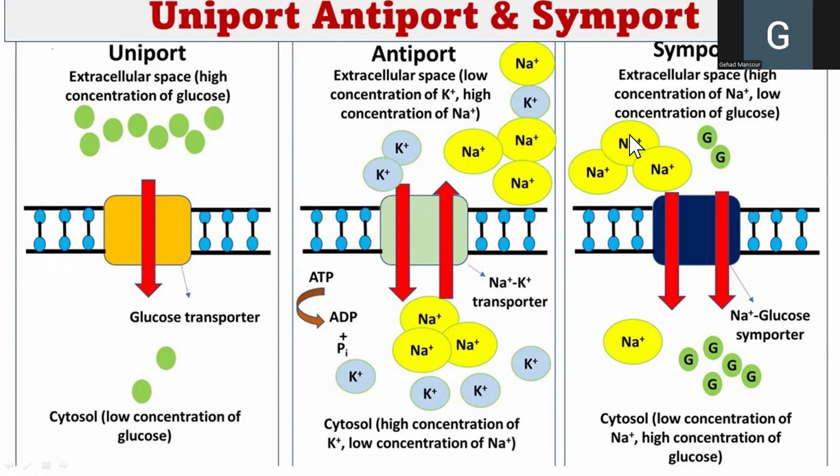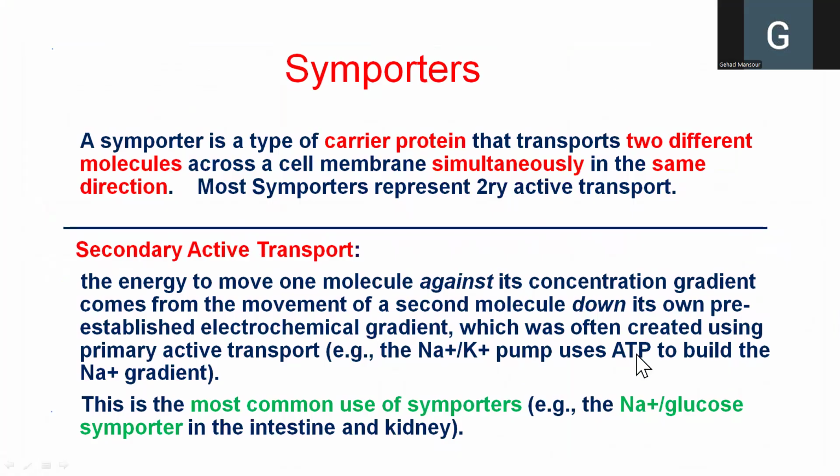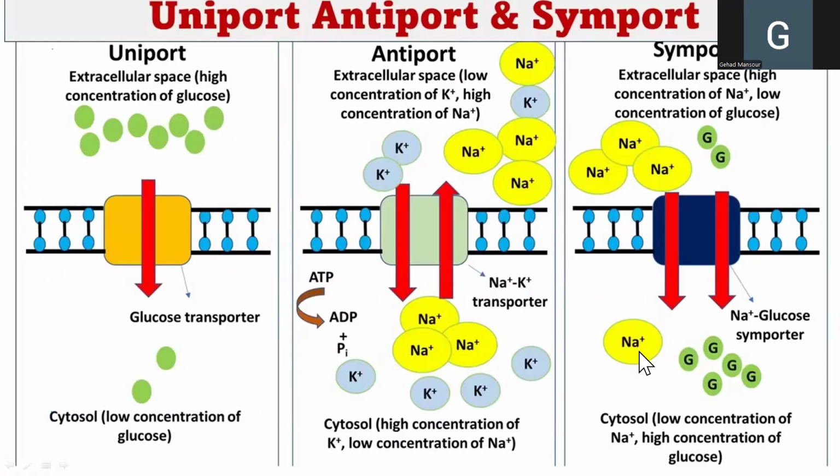Because when these sodium ions are transported down concentration gradient across the transporter, energy is released, and this energy will be used to pump glucose against concentration gradient. But you might be wondering, how did the sodium ions release energy? This simply means that they had already stored energy from a previous process.